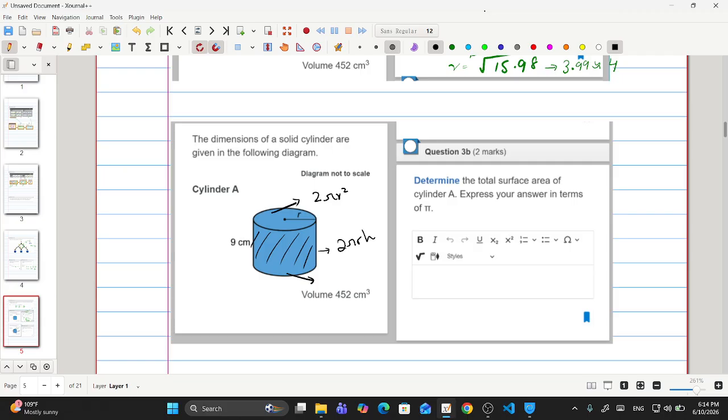So 2 pi r square plus 2 pi r h equals the area. The value of r is 4 and the value of h is 9, right?